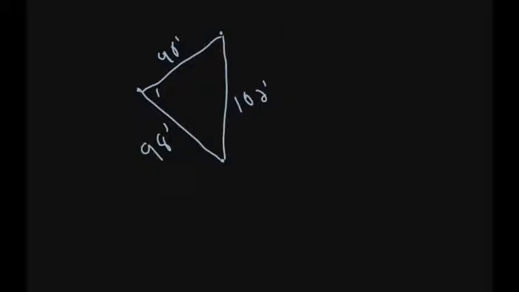We'll name our angles 1, 2, and 3. Whatever side has the greatest length will have the greatest measure. So angle 1 is the largest angle because it corresponds to the 102 side. So since 102 is the longest side, then angle 1 has to be the greatest angle.